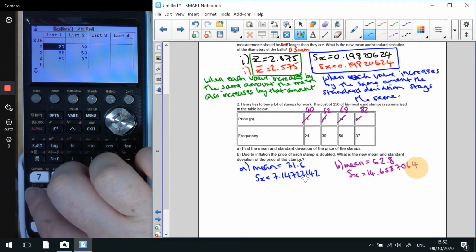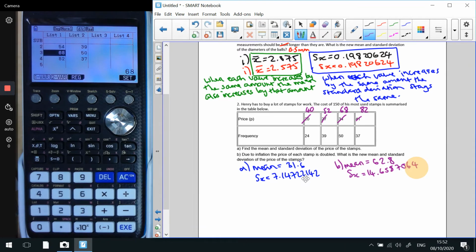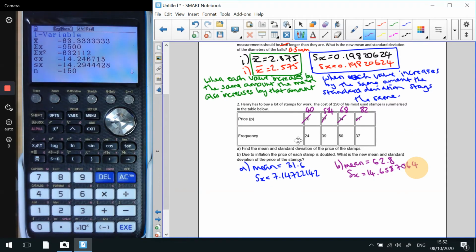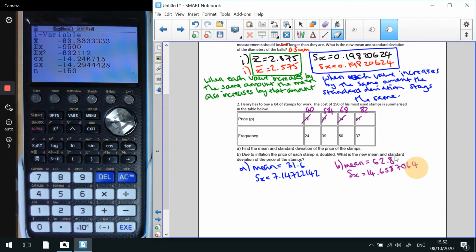That should be 54. Sorry, not 52. That's why my numbers look a bit funny. That there should say 54. Sorry about that. So actually, we should end up with 63.3 recurring. Just rub those out. There we go.